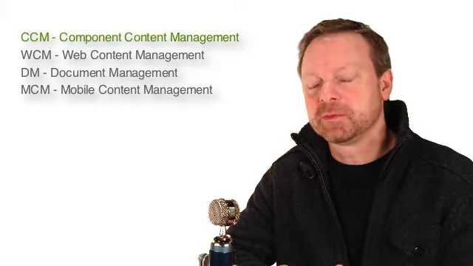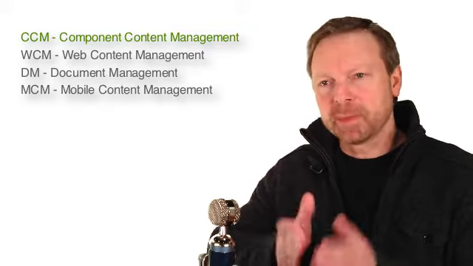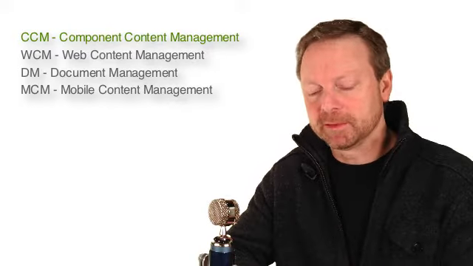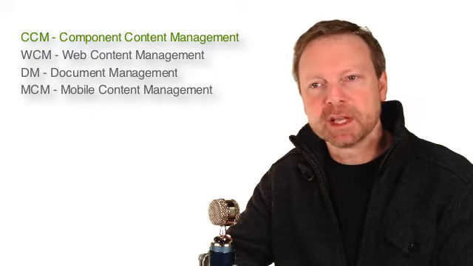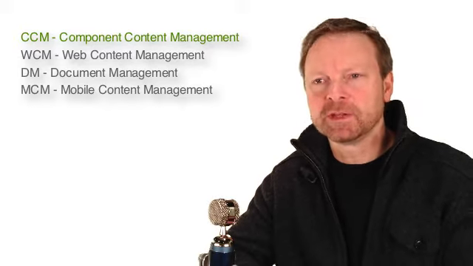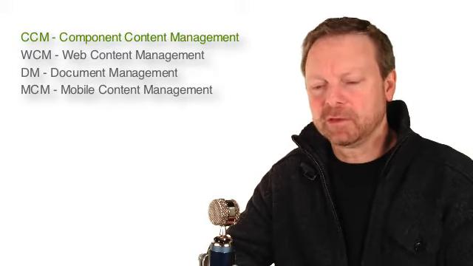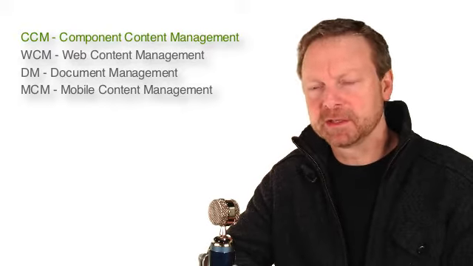Component content management really deals with taking content and chopping it up into smaller components of information. Sometimes that's taken down to a paragraph level, sometimes even further. They're predominantly used by technical publication groups where they have a need to produce multiple versions of content.